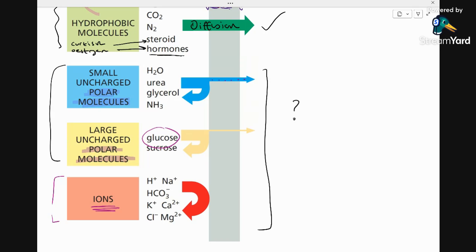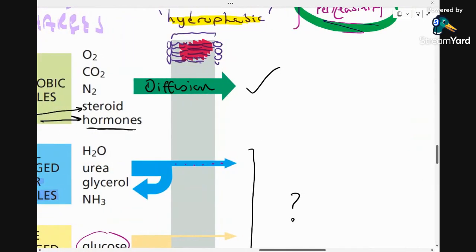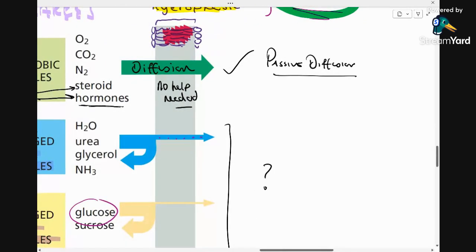So the answer to this is as follows. If you can diffuse across the membrane without help, we need no help here, no help needed. This is normal diffusion, and we call it simple passive diffusion. That's what we've talked about before at GCSE.